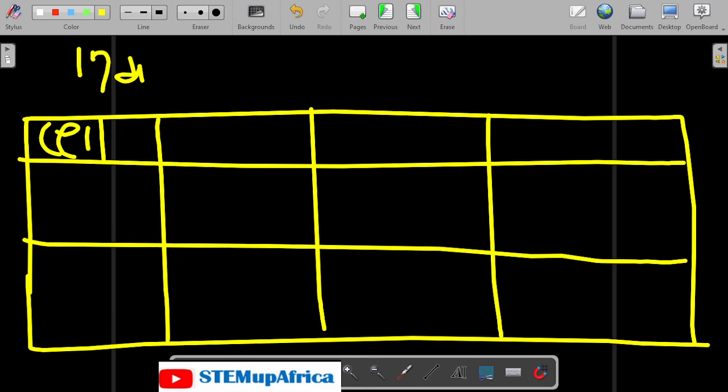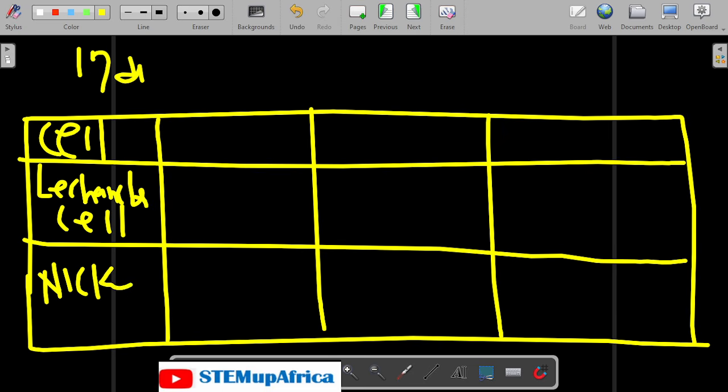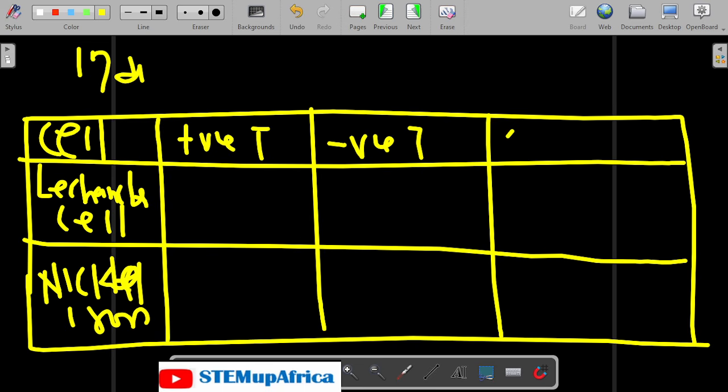We have 2: the Leclanché cell, then we have the NiFe cell. The positive terminal, negative terminal, and here is now the electrolyte.